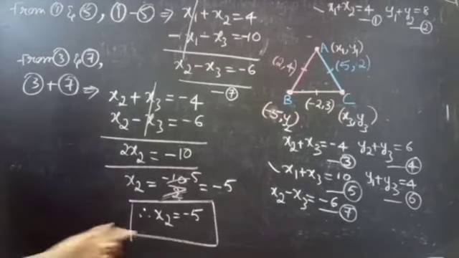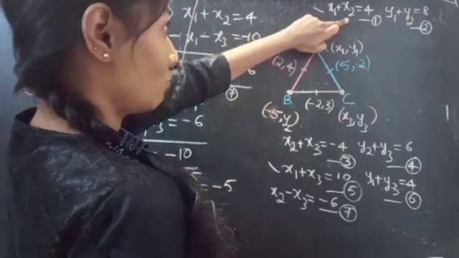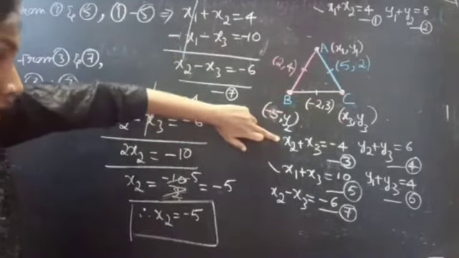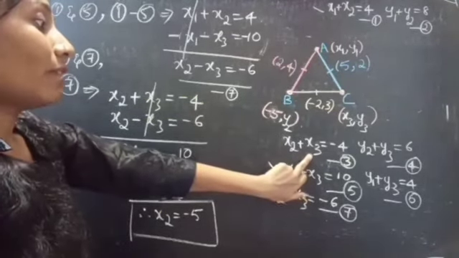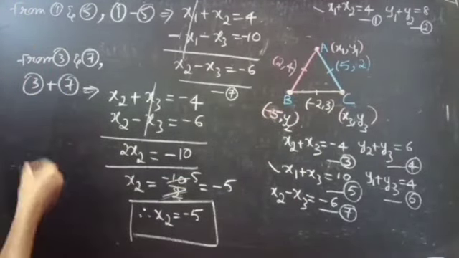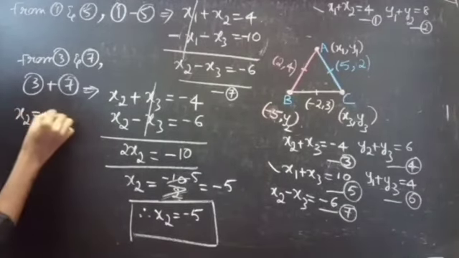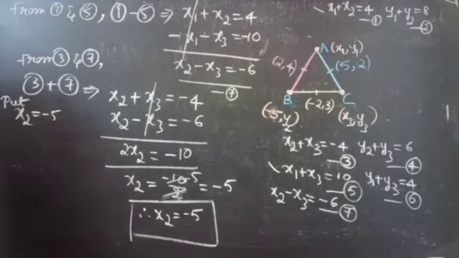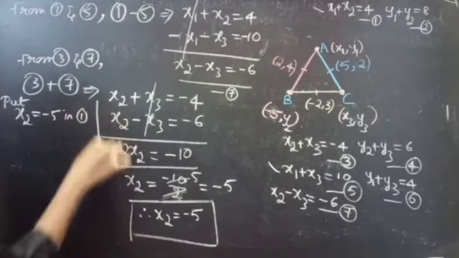Since you have the value of x2, if you substitute x2 in equation 1, you can get the value of x1. If you substitute x2 in equation 3, you'll get the x3 value. Let's substitute x2 equals minus 5 in equation 1.